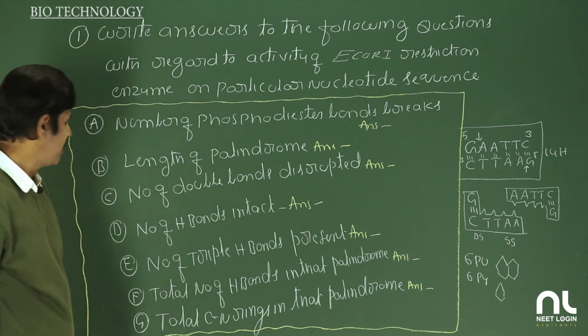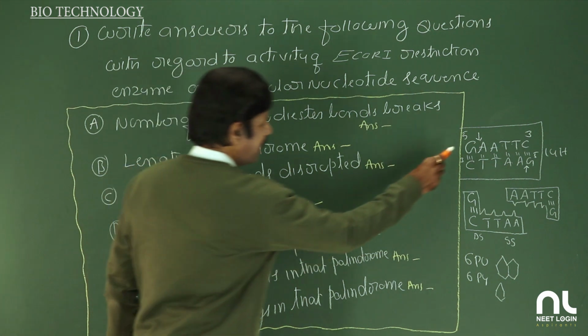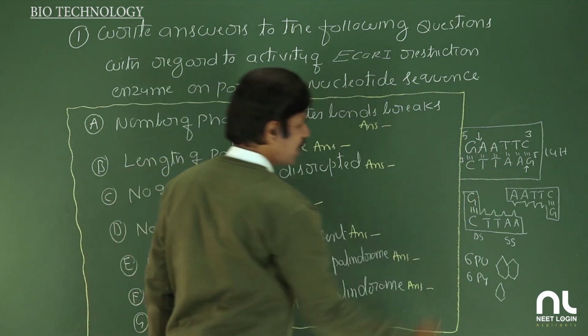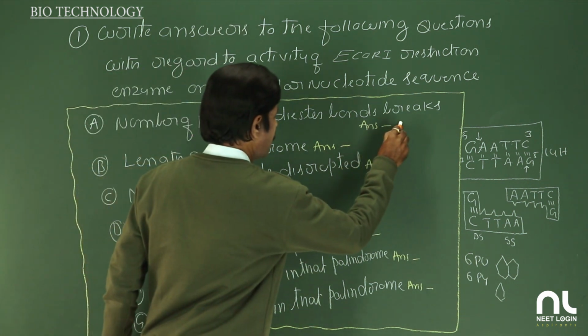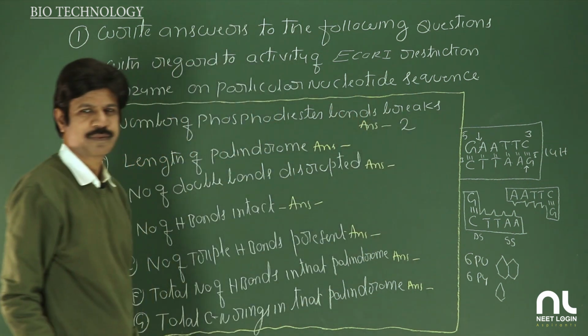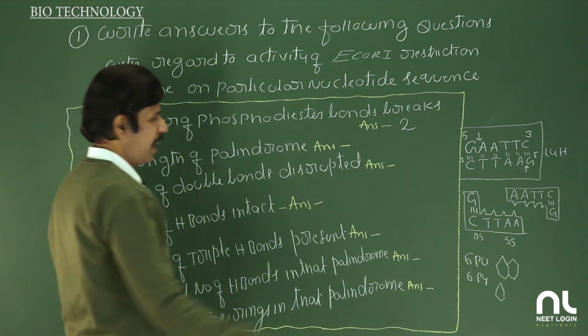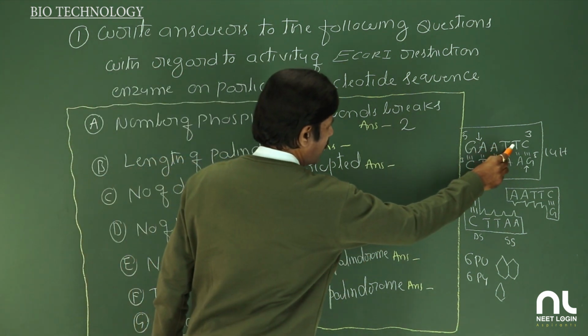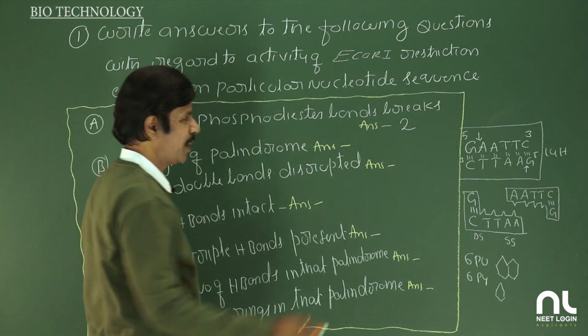With regard to the questions, the number of phosphodiester bonds it breaks: it breaks 1 here, and 1 on the other strand, so it is 2. Length of the palindrome: 1, 2, 3, 4, 5, 6. Total number of nitrogen bases is 12.